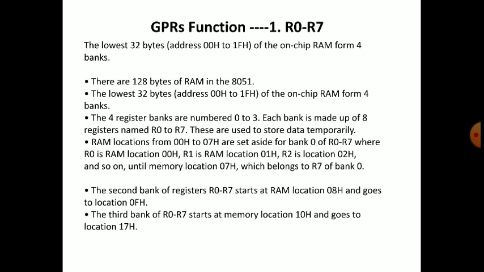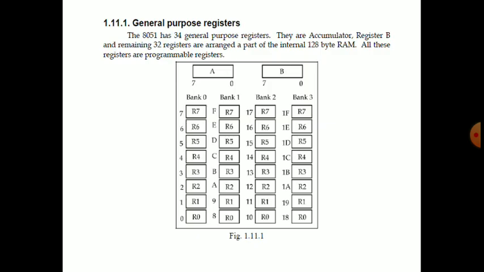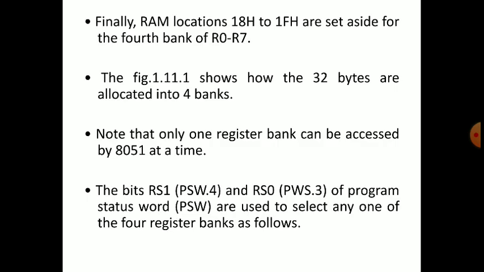So the second bank of registers R0 to R7 starts at RAM location 08H and goes to location 0FH. And the third bank 10H to 17H, and the fourth bank, that is bank 3, from 18H to 1FH are set aside for the fourth bank. The figure shows how the 32 bytes are allocated into four banks.